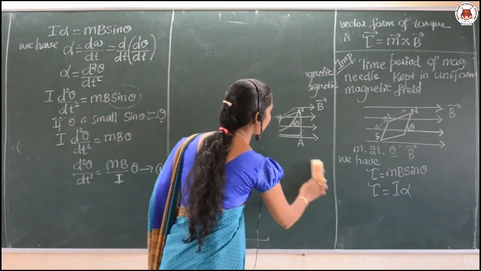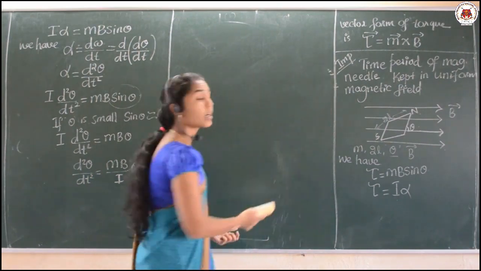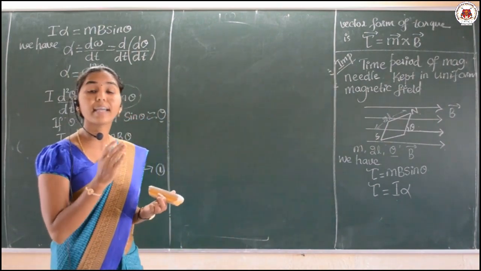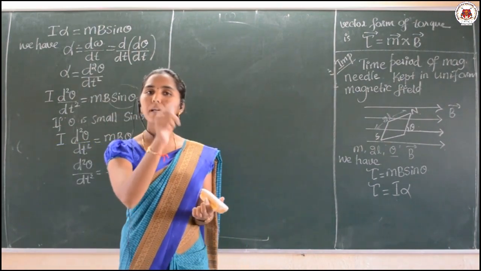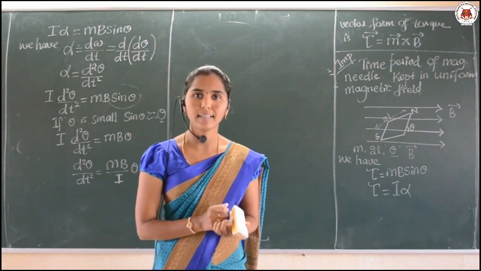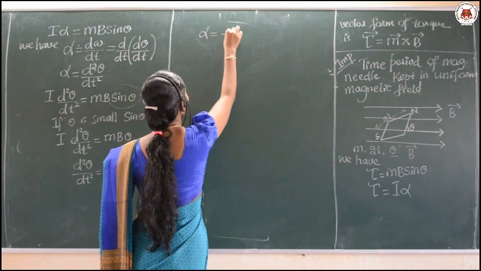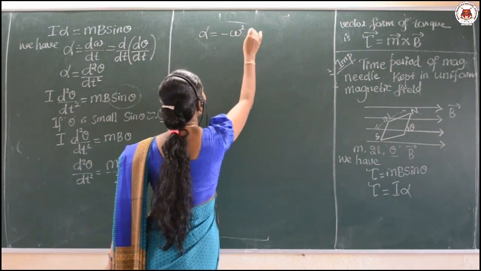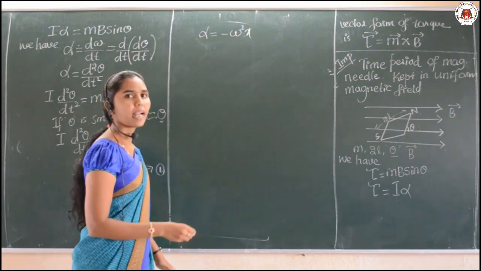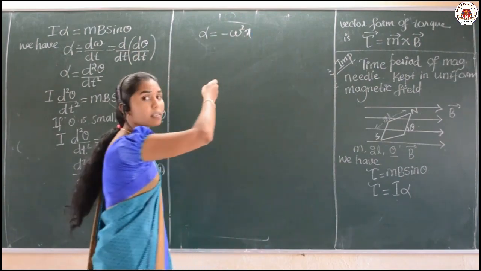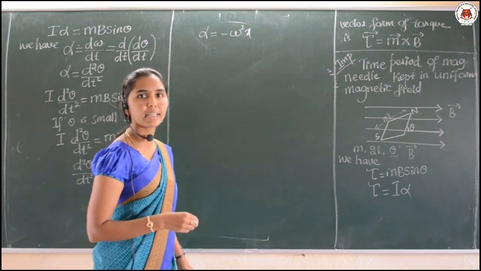See the equation 1, we can compare with the simple harmonic motion equation. What is that equation? That is alpha is equal to minus omega square x, right. X means here the displacement, that is theta we can take.